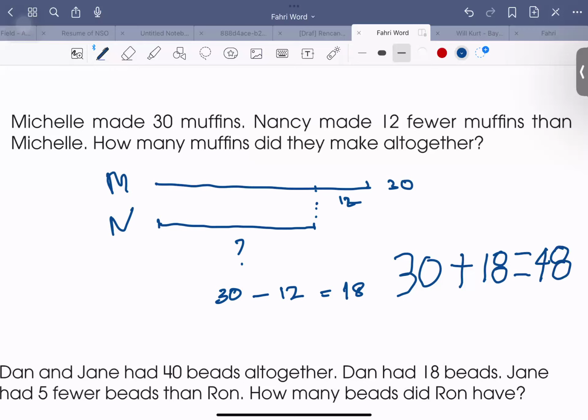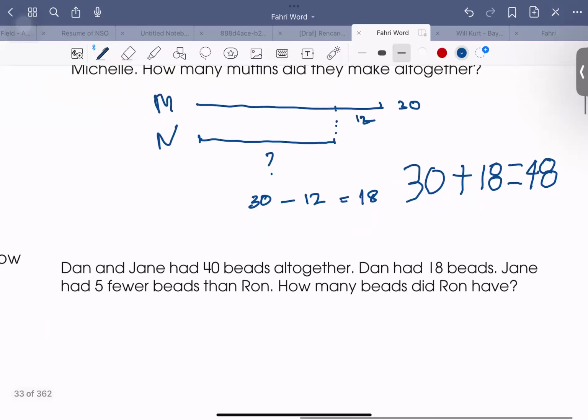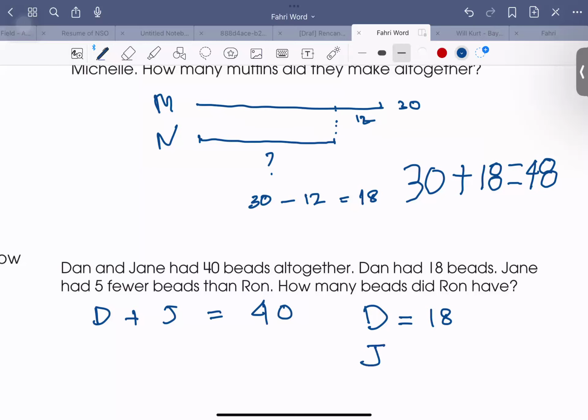Next question. Dan and Jane had 40 bread all together. Dan had 18 bread. Jane had 5 fewer bread than Ron. However, let's try to answer from these sentences first.